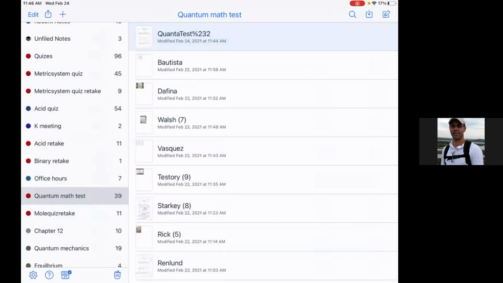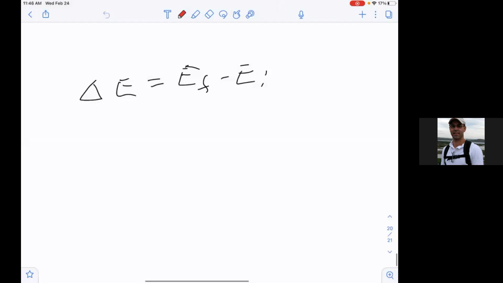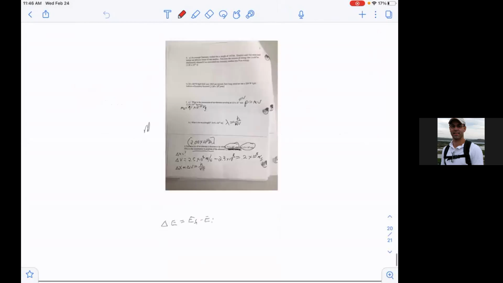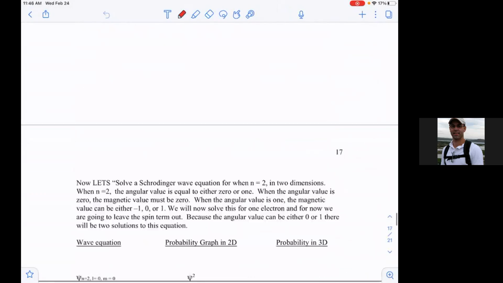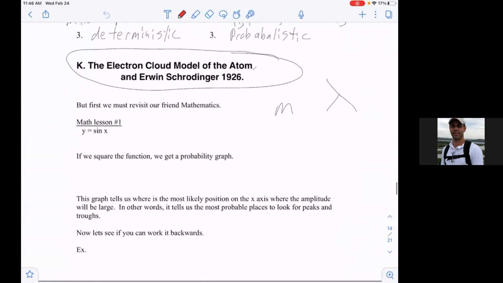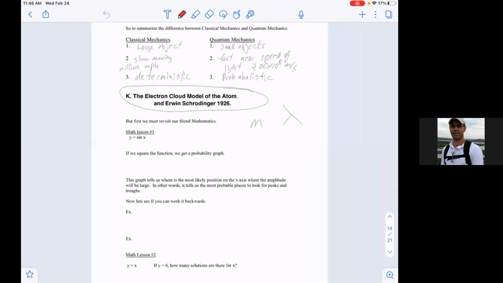All right, if there's not any questions, then we are going to go back to our quantum mechanics. So we left off on page 14.